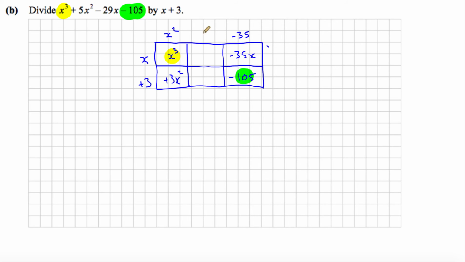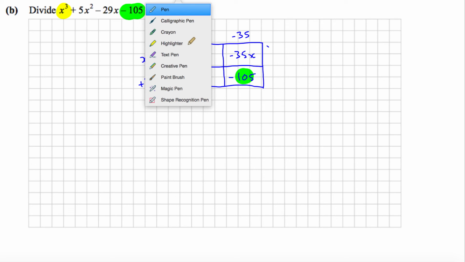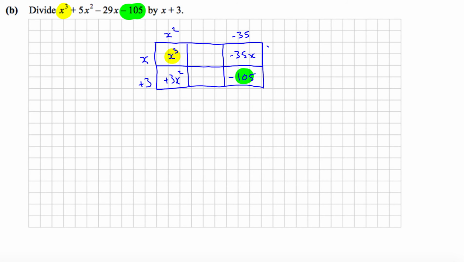Okay, so now the only term that's missing is this one here, and because of the way I've set the diagram up, I know that this term here and whatever term is in here, because this is going to be an x term by an x term, so that'll give me an x squared term in here.